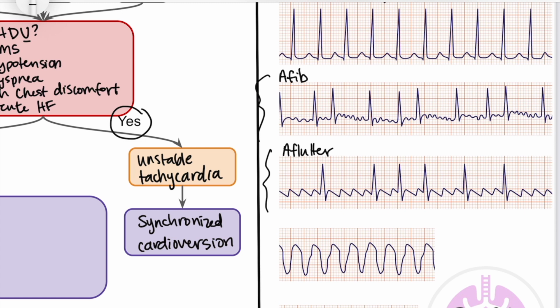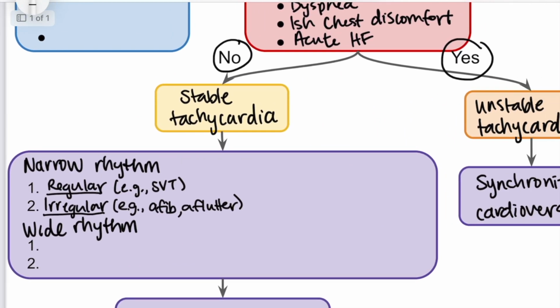AFib and A-flutter can be caused by electrical impulses from several different parts of the heart, but the origin is not the AV node. As you may remember, the treatment for SVT would be first to try vagal maneuvers. If you have the time and if the patient can cooperate, vagal maneuvers including bearing down or blowing through a syringe.